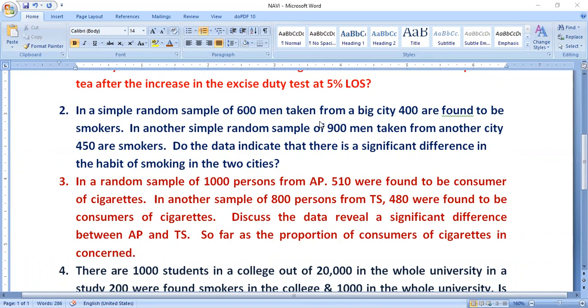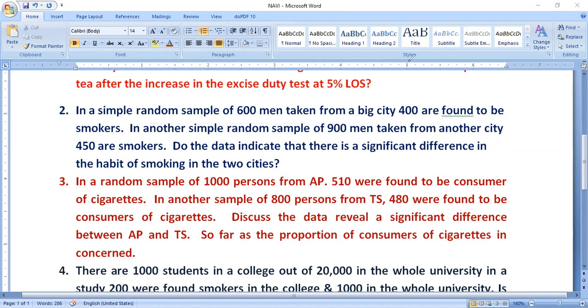Do the data indicate that there is a significant difference in the habit of smoking in the two cities? Okay, here also the information is detailed. The first part of the information is there, and below it the second part of the information is there. The same procedure we need to apply.